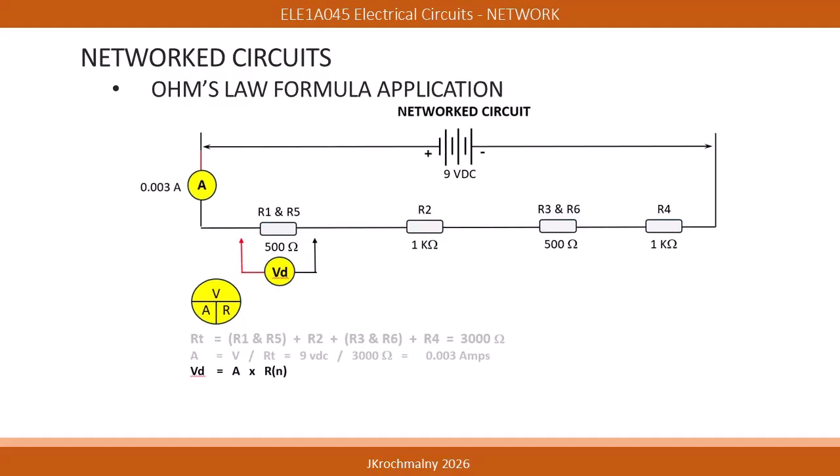We can now use Ohm's law in order to calculate the voltage drops across the resistor loads. The formula that we will use is VD, which is the voltage drop, is equal to the amps multiplied times the value of the resistance.